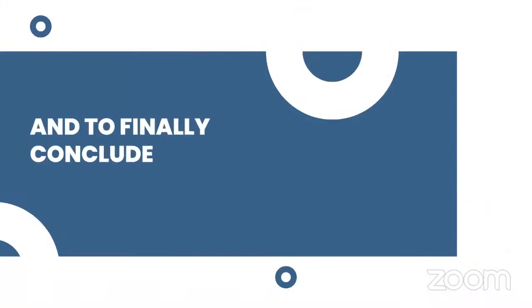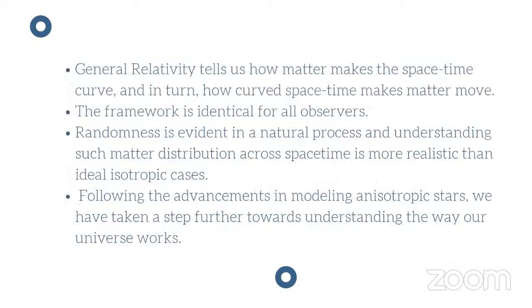Thank you, Mainak. So after all of these observations, after initially learning the mathematics, then applying it to various examples, we finally conclude that we understand how general relativity affects space-time: how matter makes the space-time curve, and how the curvature of space-time tells matter how to move.